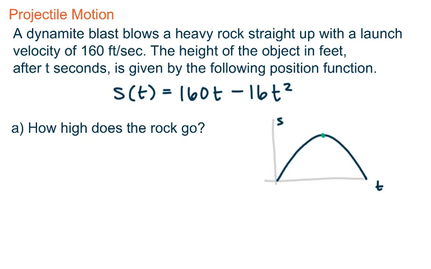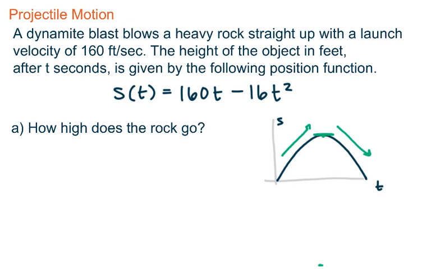And at that moment, right when we're at that max, we are going up, we have a positive velocity. We are going down, then we have a negative velocity. So what is the velocity at that maximum? In this case, we're going to see that the velocity right here at the max, that derivative, the instantaneous rate of change, would be 0.